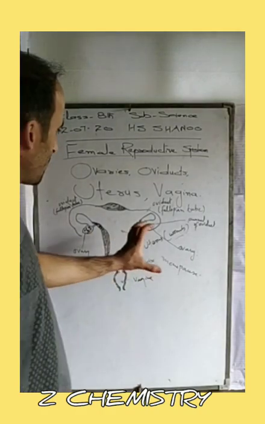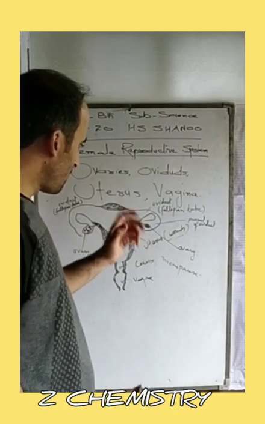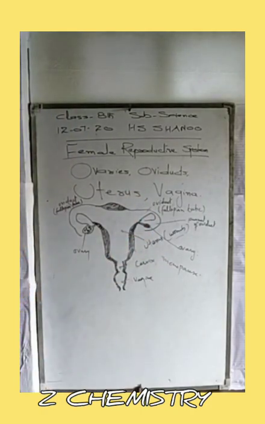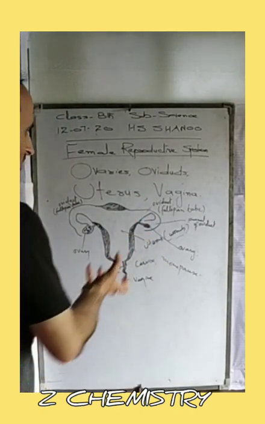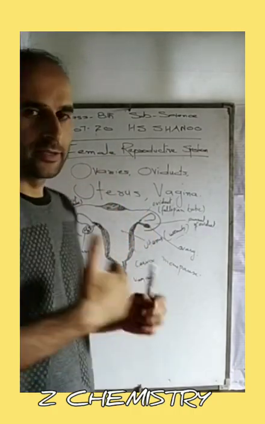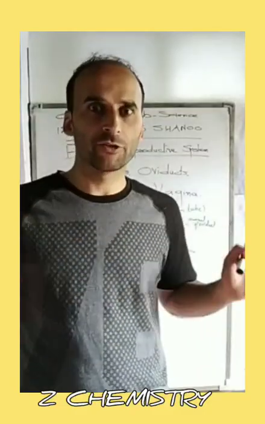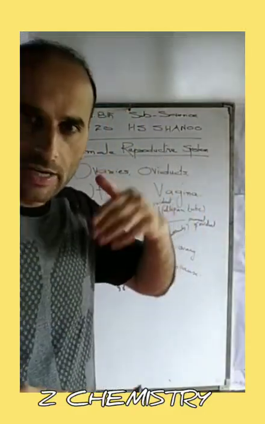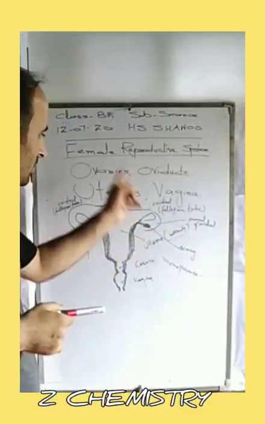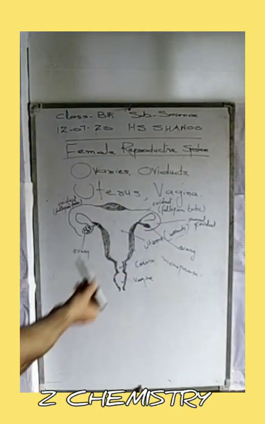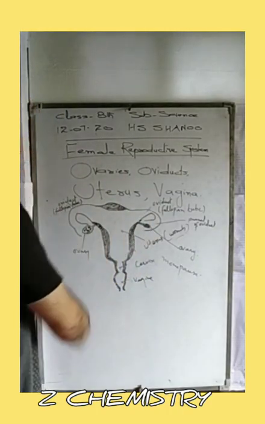There is basically a funnel, which ensures the selective transfer of these ova from the ovary into the uterus.